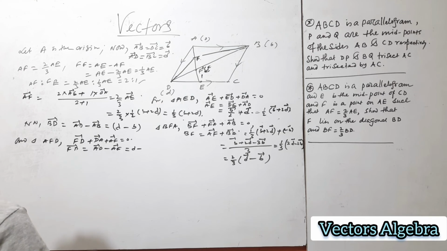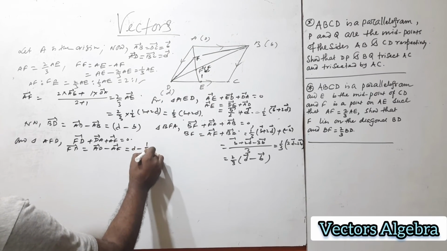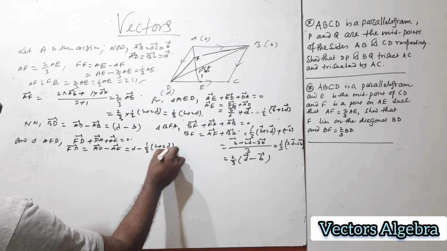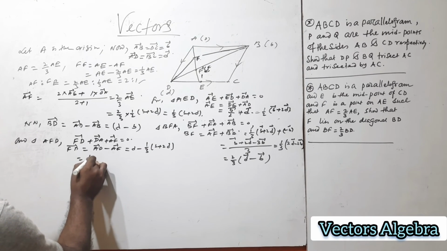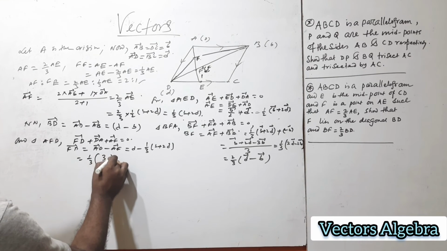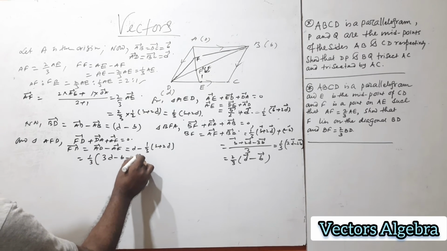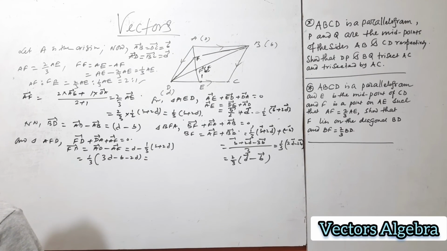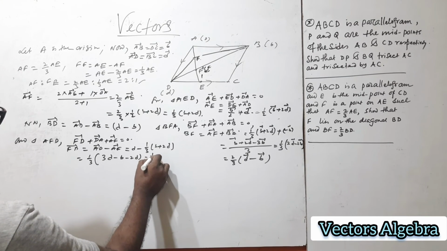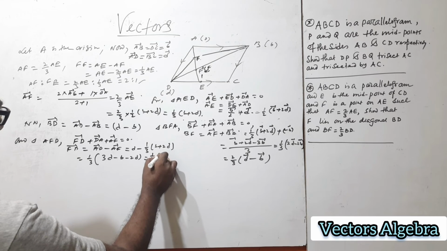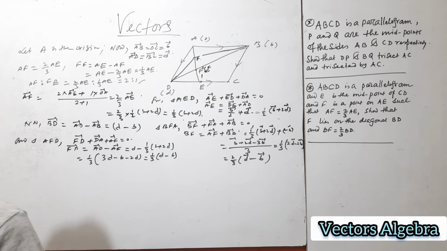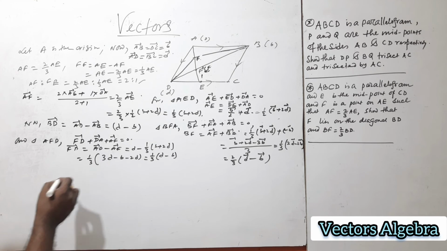AF vector is 1/3 of b plus 2d. Take LCM, this is 1/3, 3d minus b minus 2d. This is here 1/3 of d minus b.